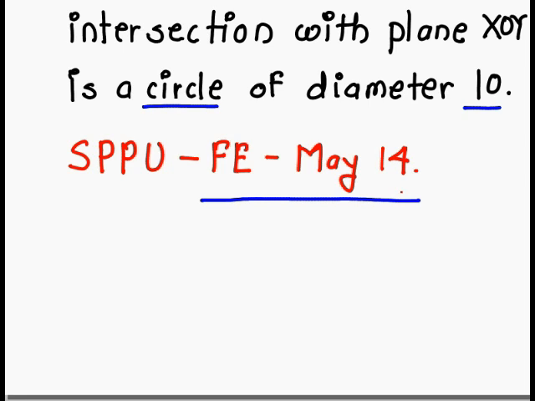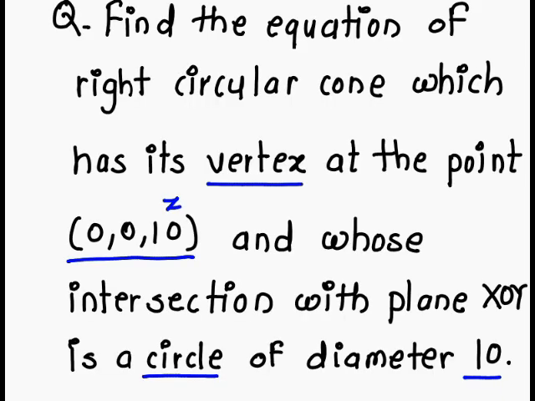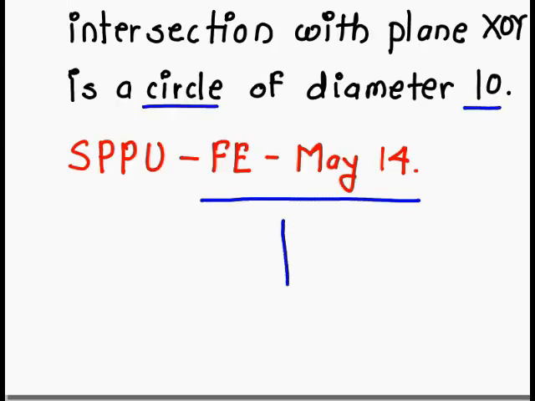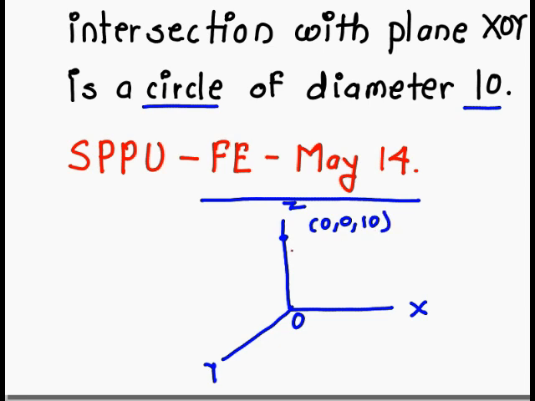If you observe, the vertex is given as 0, 0, 10, which means it is on the z-axis. So first of all, we draw the 3D plane, that is the x, y, z plane. Consider this x, y, this is our origin and this is our z axis. The vertex is at 0, 0, 10, so consider this point as 0, 0, 10. Now, the intersection with the XOY plane is a circle.